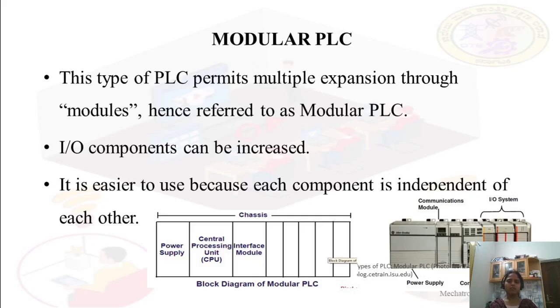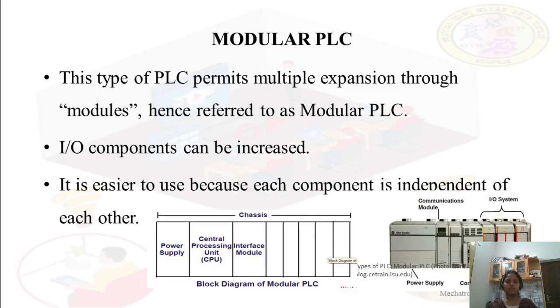And next advantage is it is easier to find the faults in these type of modular PLC. Why? Because all components in these type of PLCs, they are independent to each other. Okay. If any fault is occurred, we can easily find the fault. And here it is having the less downtime.